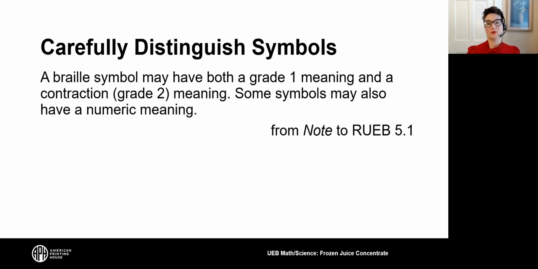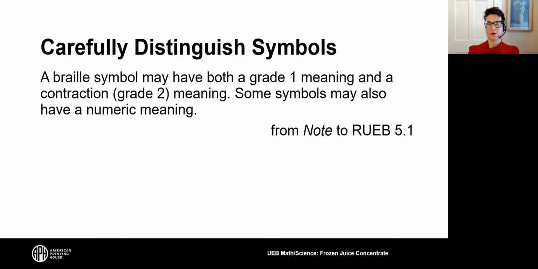Because a Braille symbol may have both a grade 1 meaning, like the superscript indicator, dots 3, 5, and a contraction or grade 2 meaning, like the in contraction, dots 3, 5. Some symbols may also have a numeric meaning. So dot 1, for example, in grade 1 mode means A, and in grade 2 mode means A as well. And in numeric mode means 1.